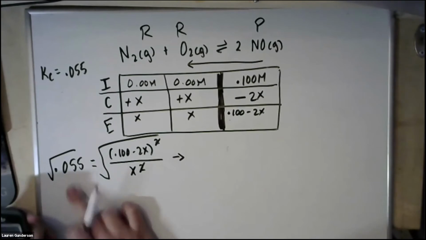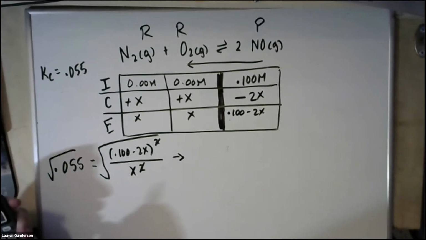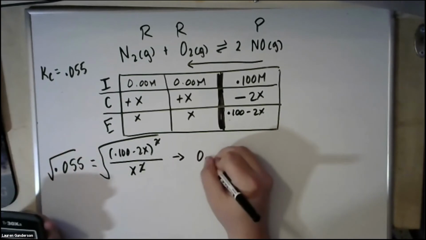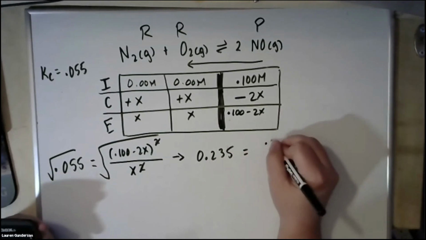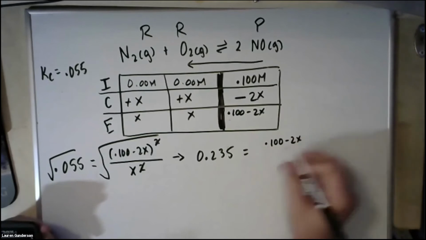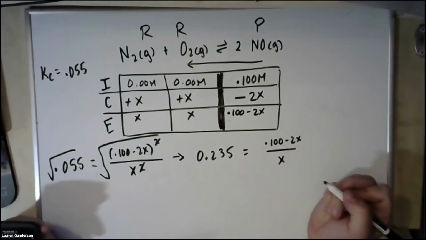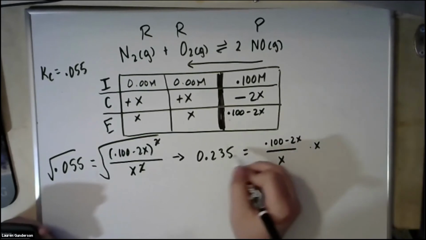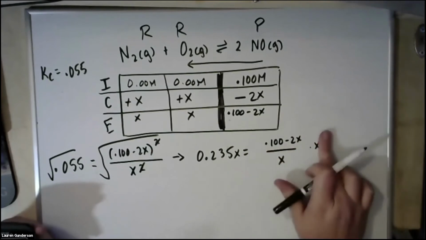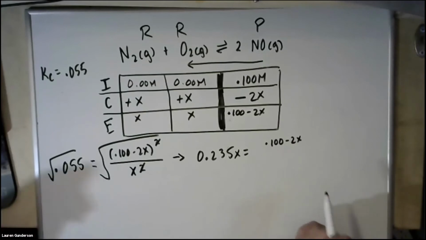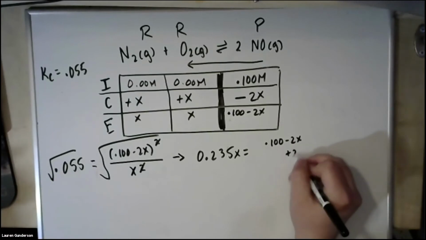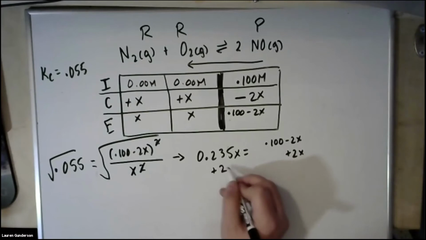Okay, so the square root of 0.055 is 0.235, and that'll be equal to 0.100 minus 2x over x. Okay, so now I'll multiply both sides by x. Just rewrite it like that. I will add 2x to both sides.